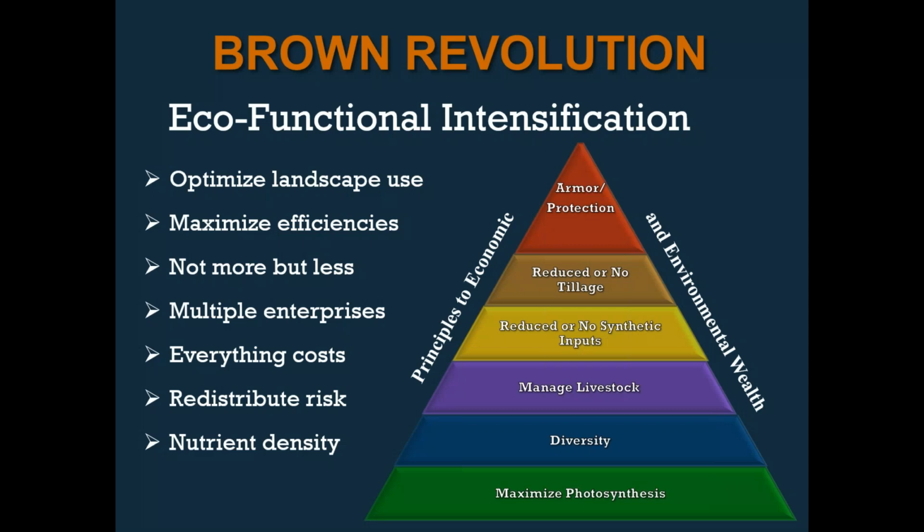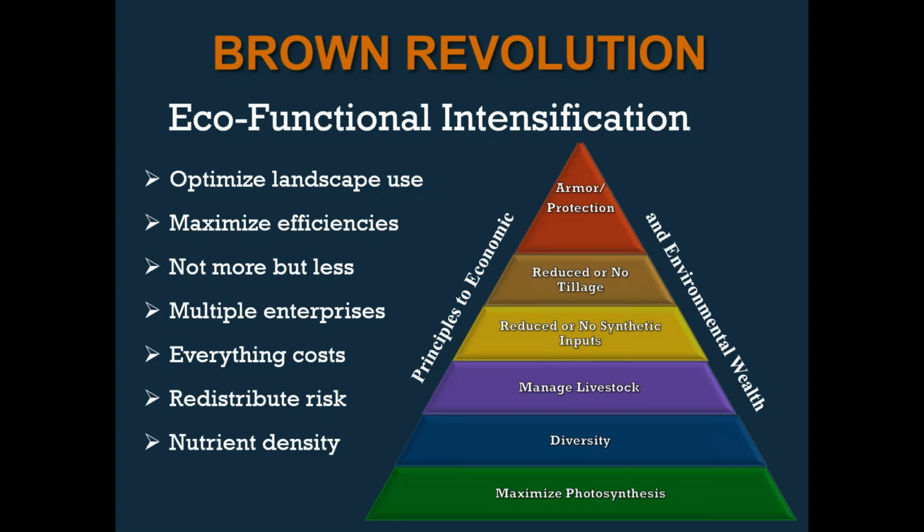And so in order for us to do that, we talk about various types of soil health principles. Instead of having a new green revolution, we need to have a brown revolution that's going to be focusing on utilizing these principles in a way in which we utilize what I refer to as eco-functional intensification.